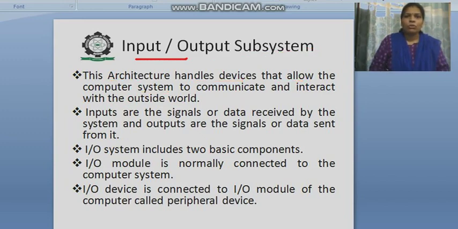Okay, so these are the input signals and output signals. I stands for input and O stands for output, so input output devices are also known as peripheral devices.